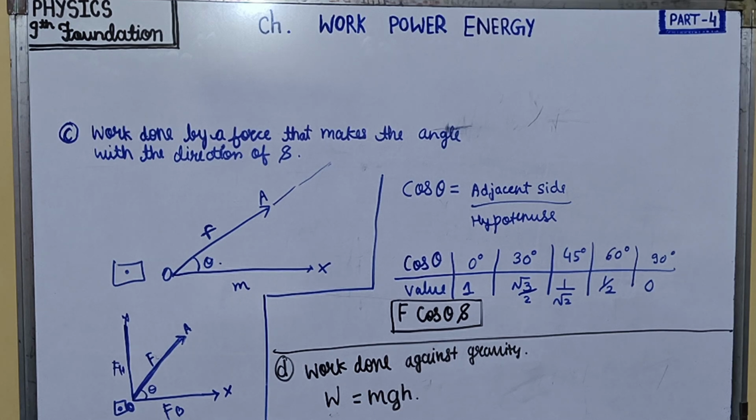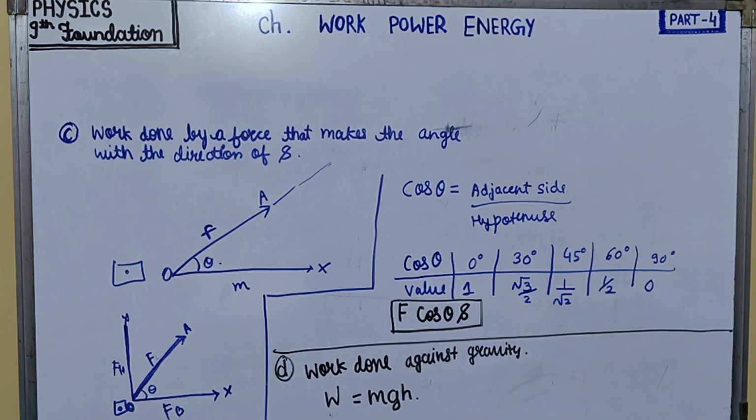The action force by him on the weight is in the upward direction, while the reaction force by the weight on him is in the downward direction. It is clear that the action force does positive work and the reaction force does negative work.